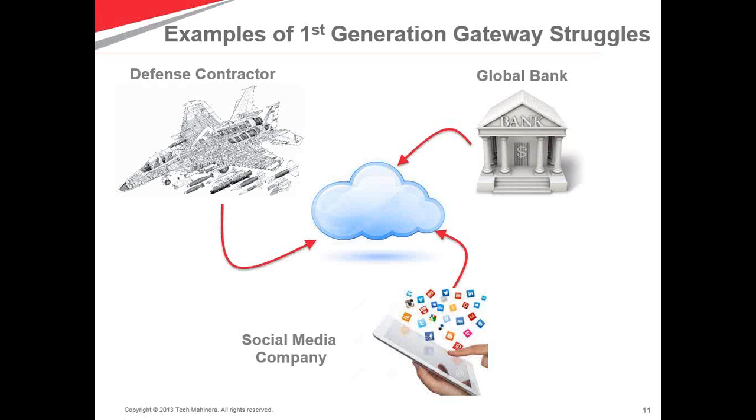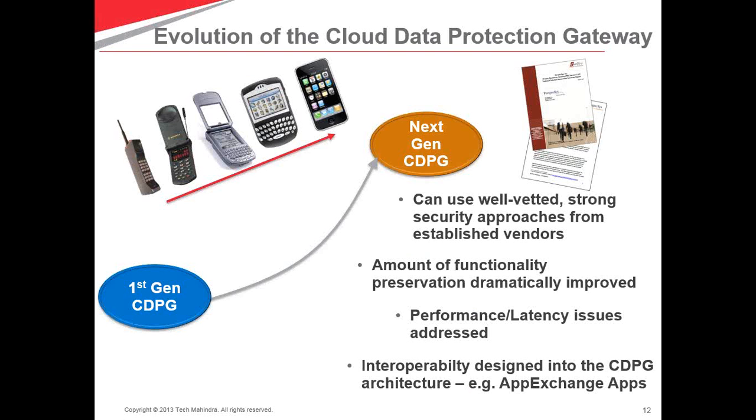of the application in order to be able to either tokenize or encrypt data from the application, as well as the improvement around latency, because again, everything being in the cloud, you have a bunch of hops that you have to make in order to connect all the pieces and parts, and so latency issues have been reduced and performance has improved, as well as interoperability being improved within the architecture, so extending yourself out to AppExchange apps within the environment with Salesforce.com, and I've been working, for example, with Perspecsys on one around big machines.